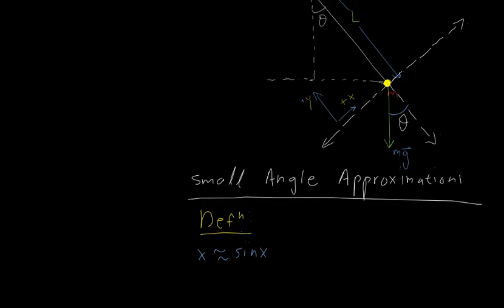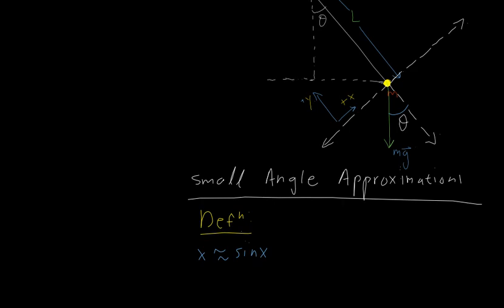That's where this small angle approximation is used. Now the small angle approximation can help us with pendulums. Pendulums undergo something called simple harmonic motion, which means that it's periodic. They always go back to the same equilibrium phase points.